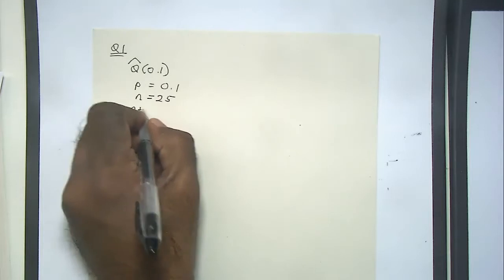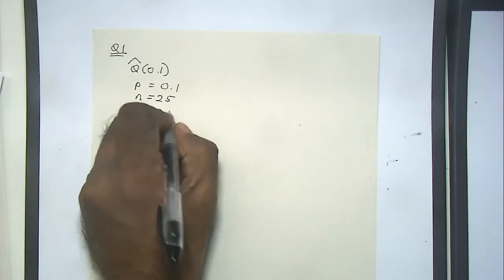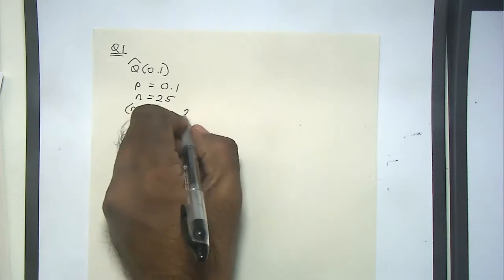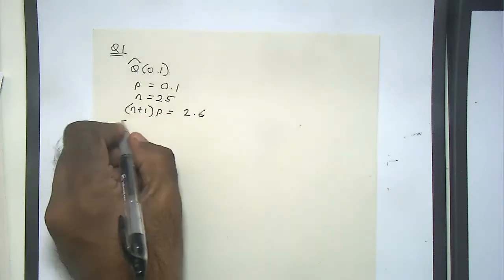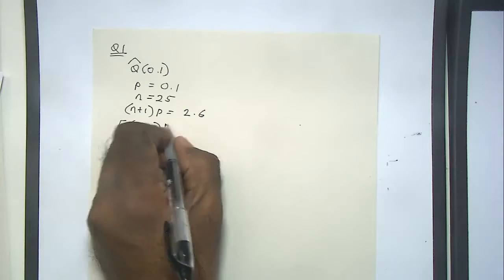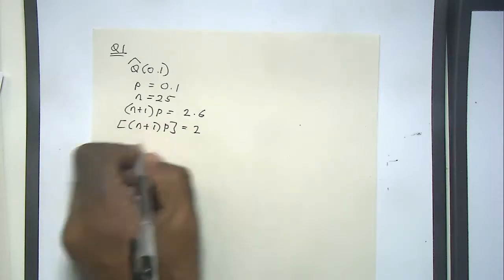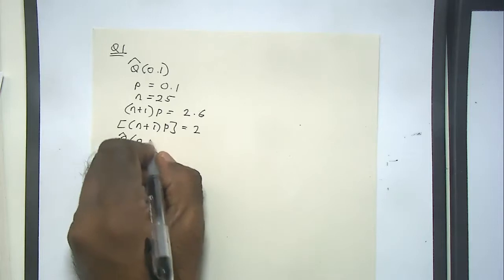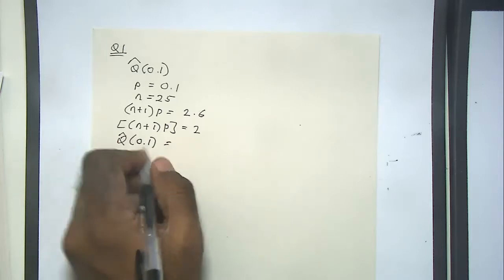So (N plus 1) times P is 2.6, and the integer part of that is 2.